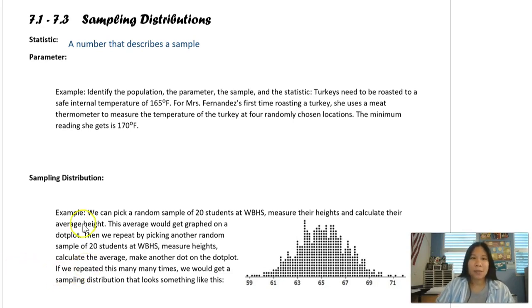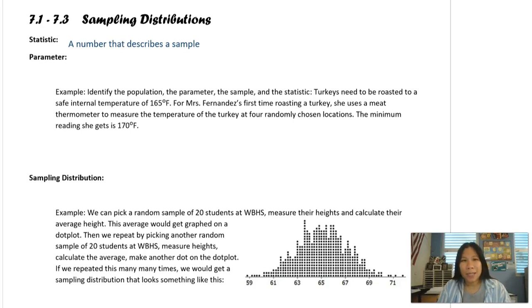So specifically, if I were to say 75% of high schoolers really like to use social media, that 75%, because it's talking about high schoolers in general, does not count as a statistic. But if I said I took a sample of high schoolers and found that 65% of them really like to watch SpongeBob, that 65% coming from a sample would be a statistic.